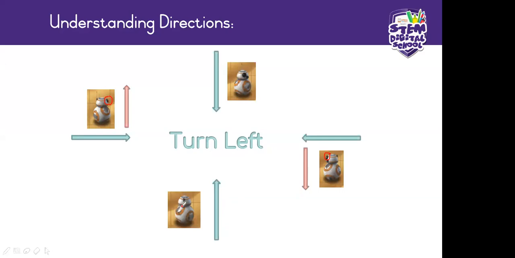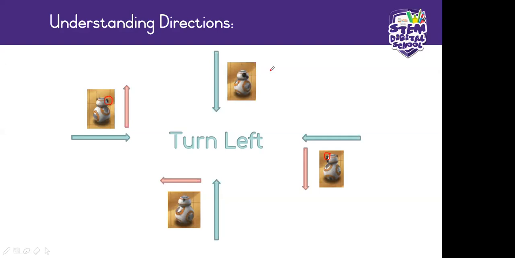Now let's look at this one. Here, BB8 is standing with his back toward us, so he's facing up. When we say turn left, he is going to turn this way. And then the last one, if BB8 is looking straight at you, there is his one eye, so he's looking at you.